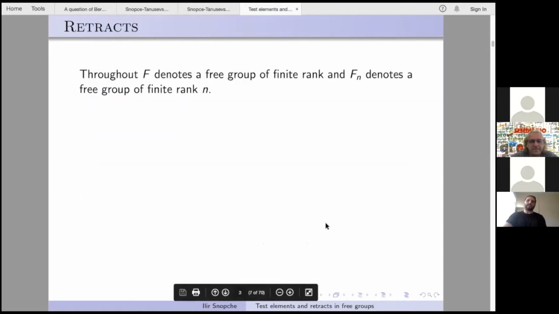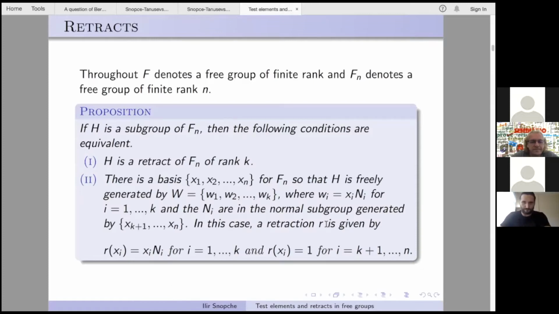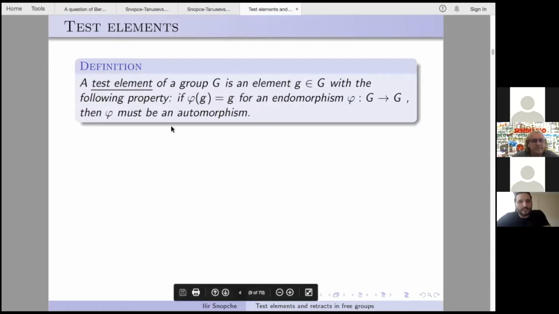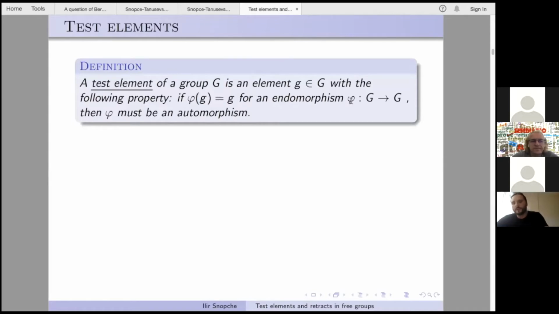So now let me define another notion, the notion of a test element, which I have defined in this department a few times. So a test element of a group G is an element g in G with the following property. If phi of g is equal to g for an endomorphism phi from G to G, then phi must be an automorphism. So what is a test element? Whenever an endomorphism fixes this element, it must be an automorphism.